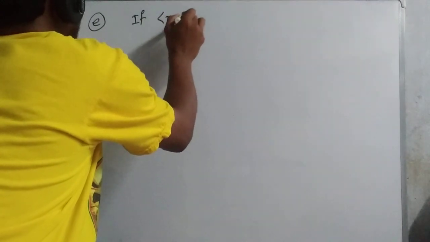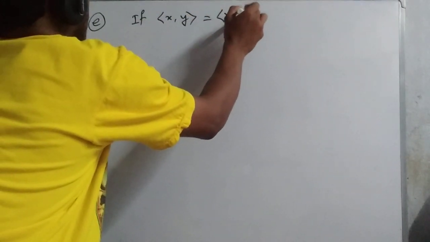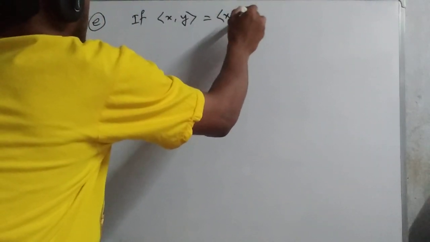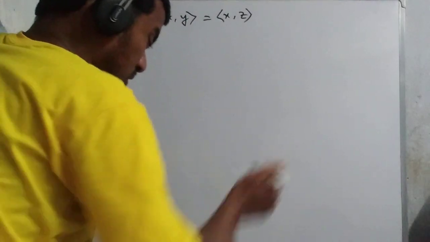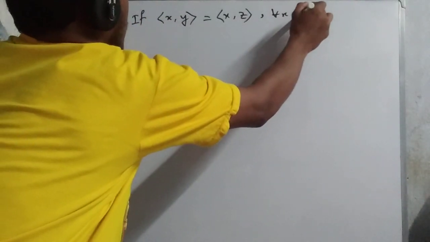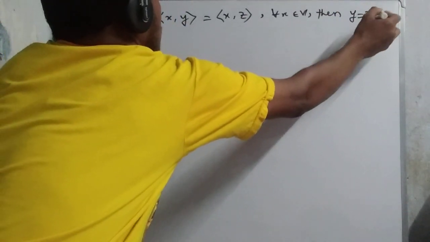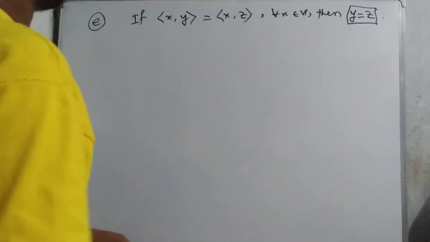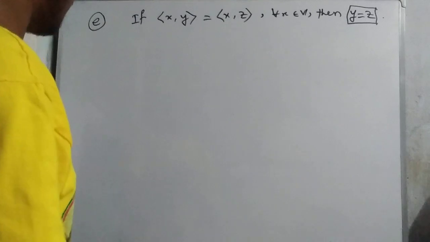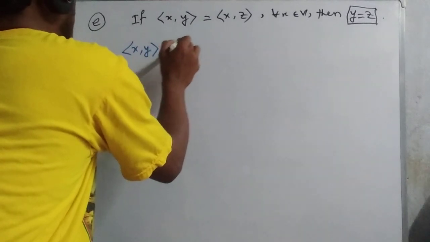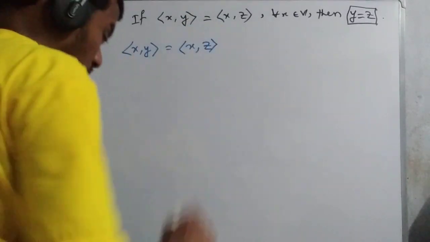Now we also write here: if <x, y> equals <x, z> for all x belonging to V, then what happens? Then y equals z. Understood? We write <x, y> equals <x, z>.